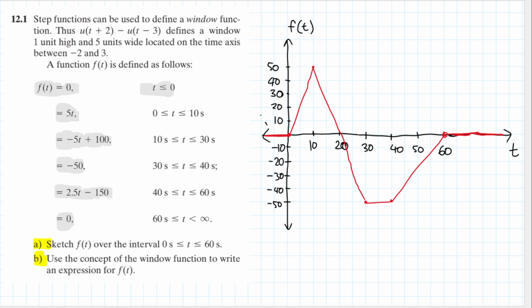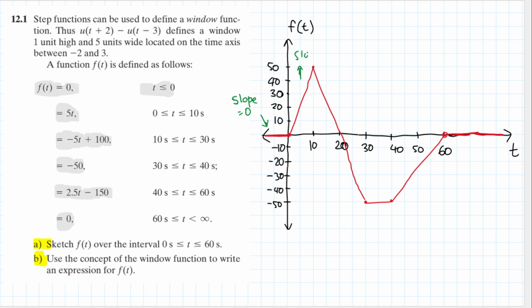The slope here is 0, right? Because this is a horizontal line. And then here we have 5t, so this slope will be 5.